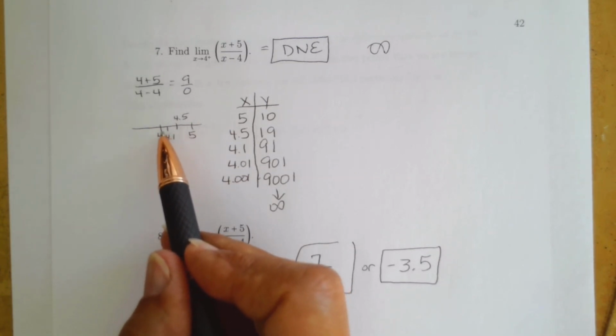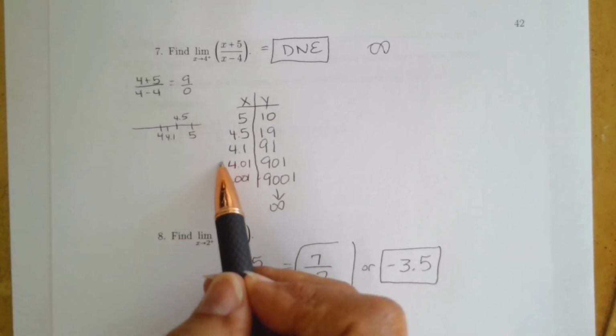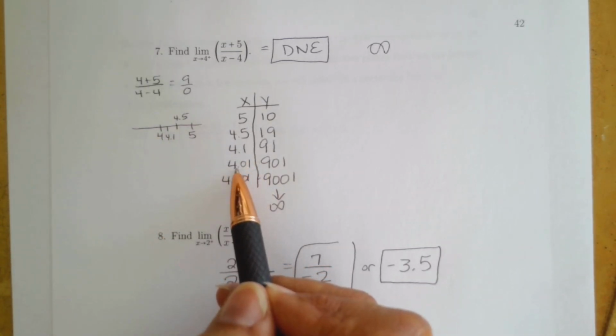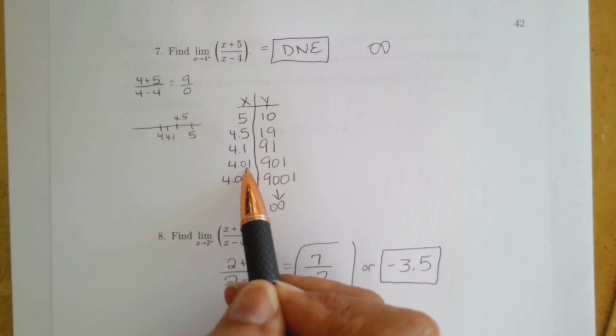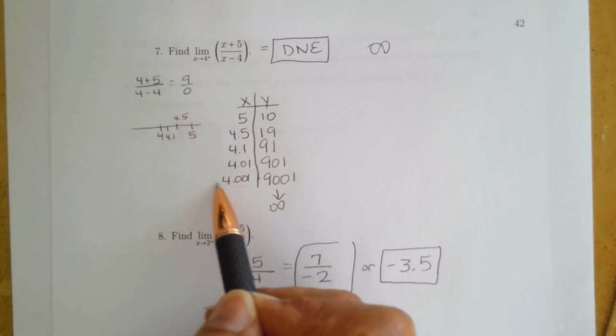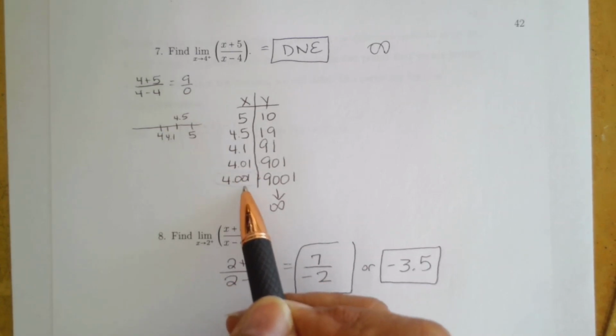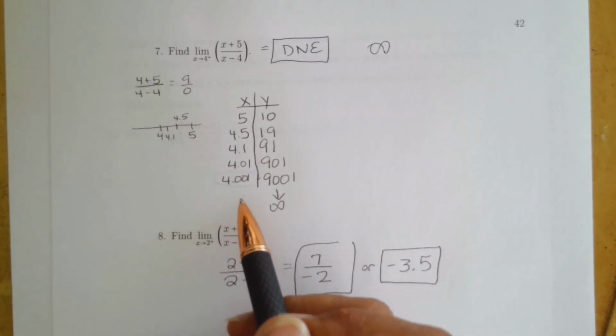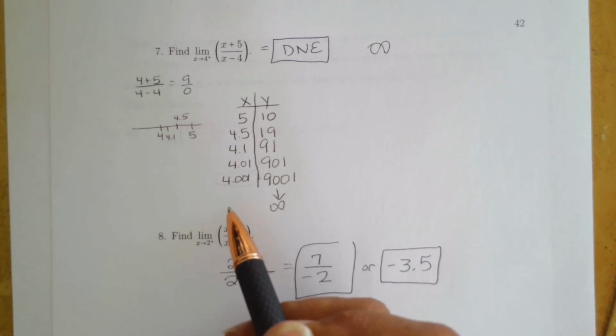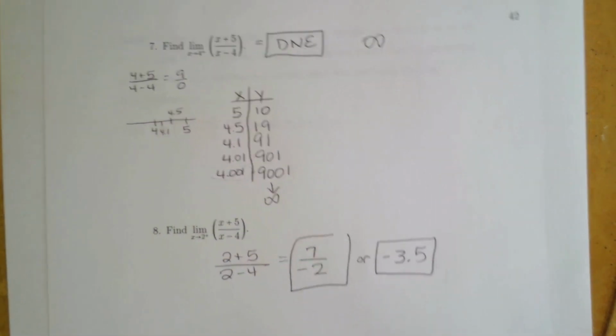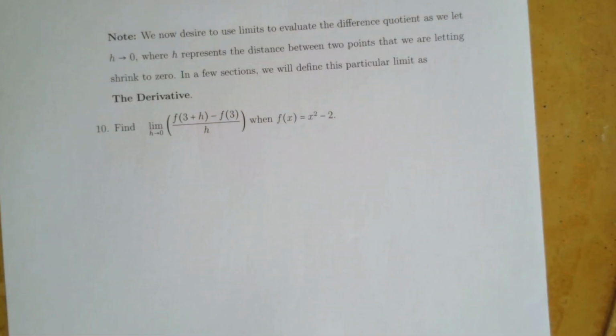When I used 4.1, the distance was just 0.1. When I did this number, the distance between 4 and here is just 0.01. And the distance for the last one was 0.001. So the distance is getting so small, it's almost at zero, right? There's almost no space between the two values. So that's what this is saying, okay?